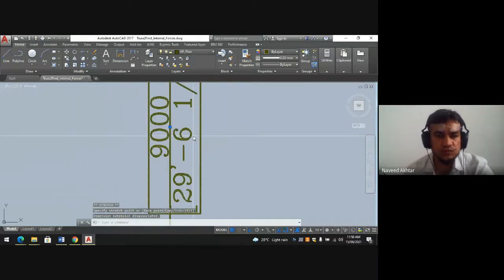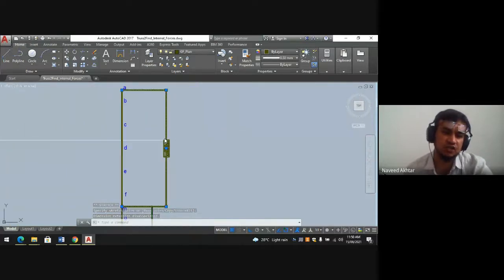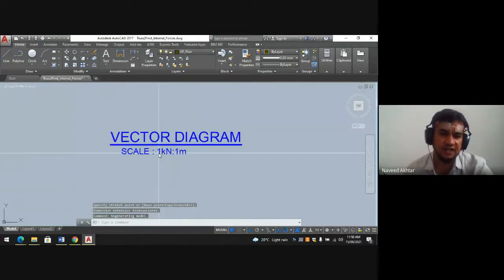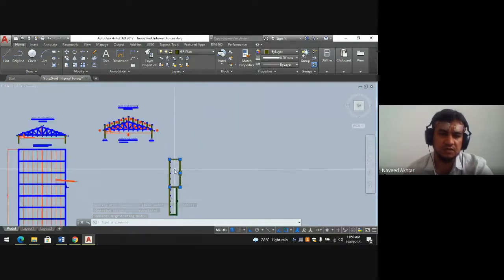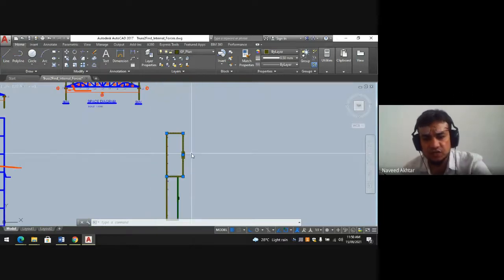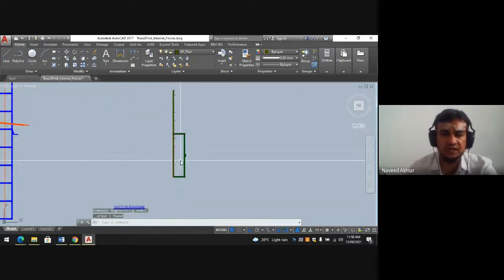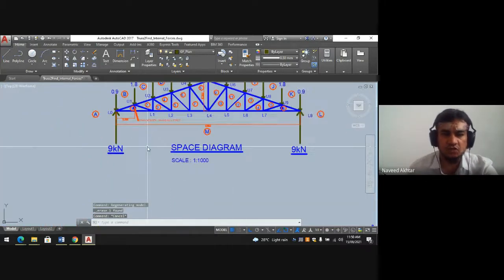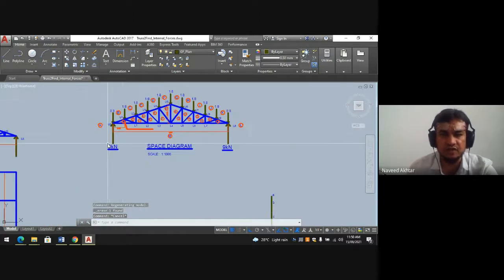Here 9000 mm, that is 9 kilonewton, because the scale you have taken is 1 kilonewton equal to 1 meter, and 1000 mm, so it's showing in mm 9000 mm. Okay, so M to A, our reaction. So all the external forces work we have done.